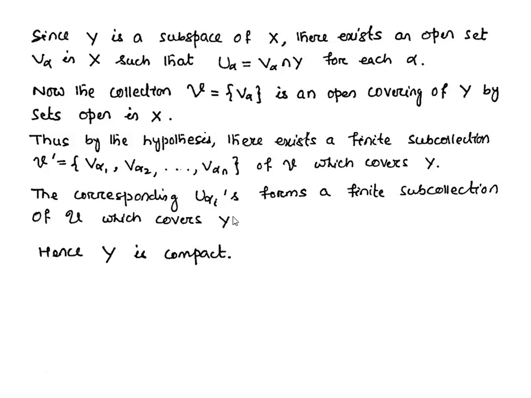That collection is a finite subcollection of U which covers Y. Hence Y is compact, because these U alpha i's are open in Y. So for every open cover of Y by sets open in Y, we have a finite subcollection which covers Y. Hence Y is compact. This is all for this lecture. In the next lecture, we'll discuss some other results on compactness.